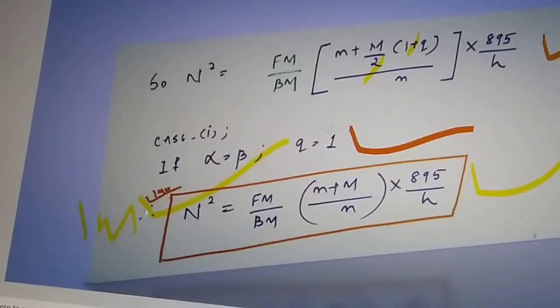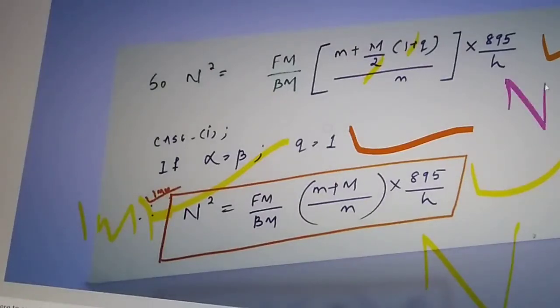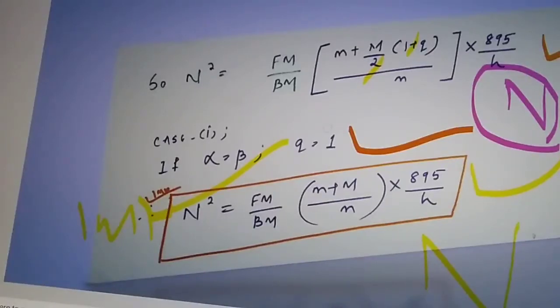So if it will be asked in the semester question, find an expression of speed of revolution of Porter governor, you have to do like this by constructing an instantaneous center and by measuring the angles tan alpha and tan beta, which are very important.